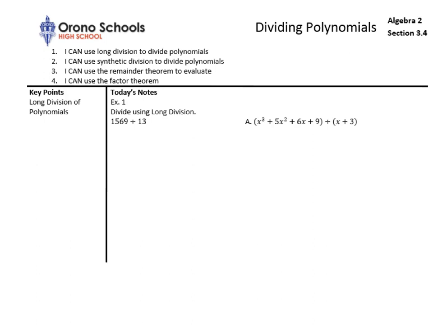Lesson 3.4, Dividing Polynomials. In this lesson, we'll use division to help determine zeros of a big polynomial function. When we use division, we're starting off with what's called a dividend. And a dividend is your original polynomial or number.